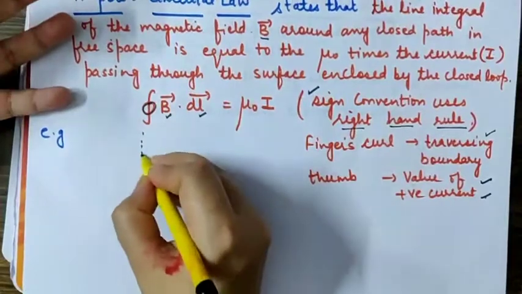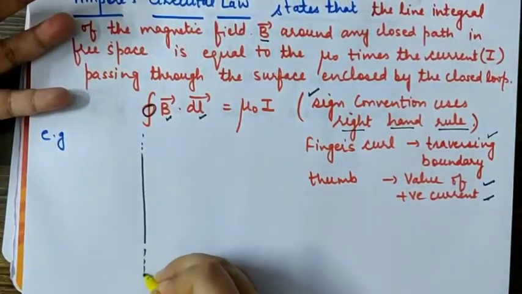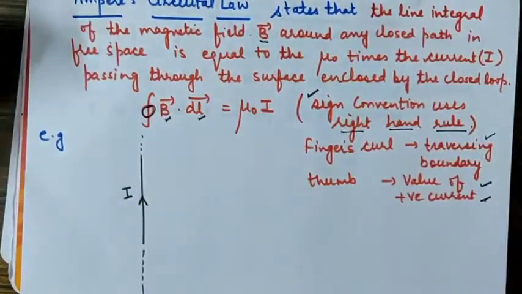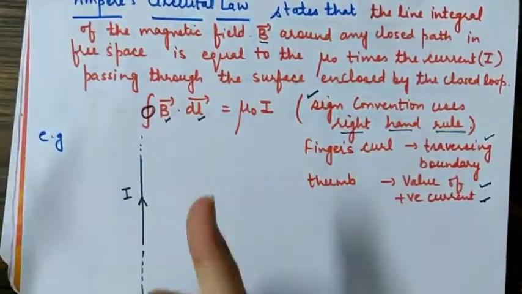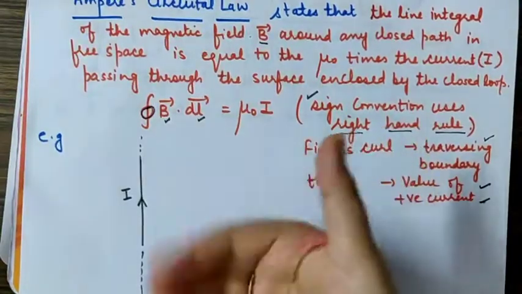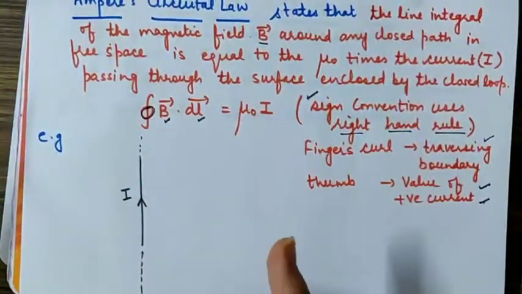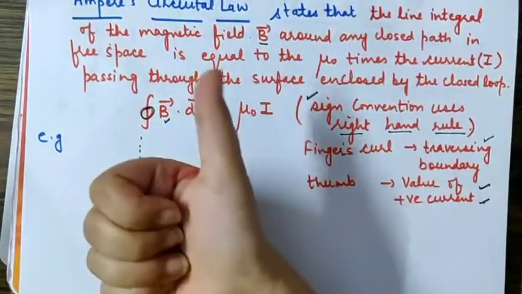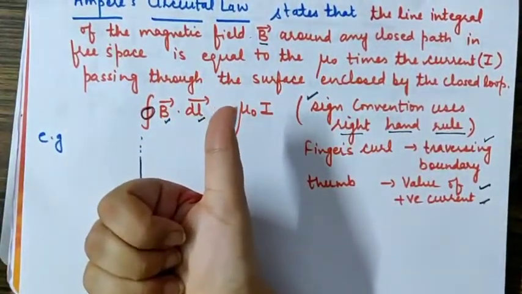Now from the previous discussion, we all know if there is a current carrying straight wire, then using the right hand thumb rule, suppose this wire is kept in your right hand and the thumb is in the direction of current, then the curl of your fingers will tell you the direction of magnetic field.